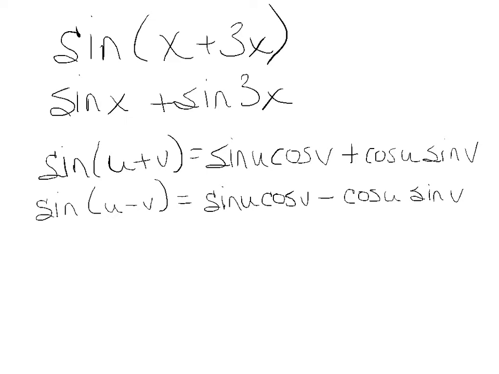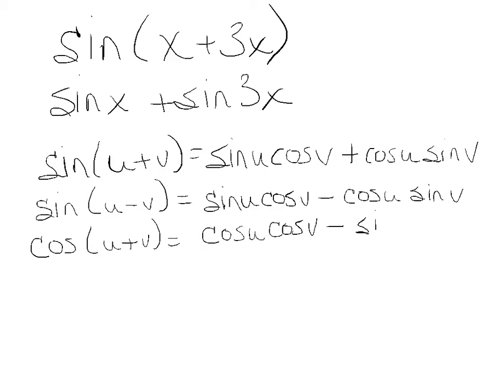The cosine of u plus v is equal to the cosine of u cosine v minus the sine of u sine of v. And then for the cosine of u minus v, the sign just changes.